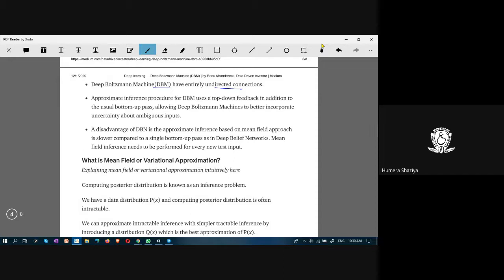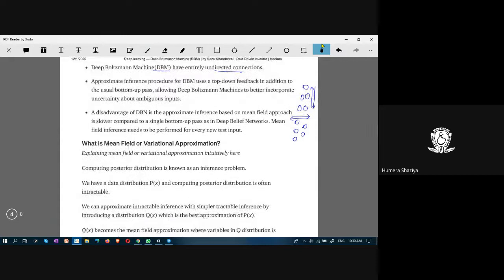If you represent the model in this manner, then it is top down and bottom up, two passes like we have in this format, forward and backward pass. Here also you have top down and bottom up passes.